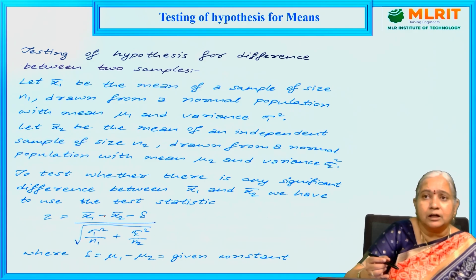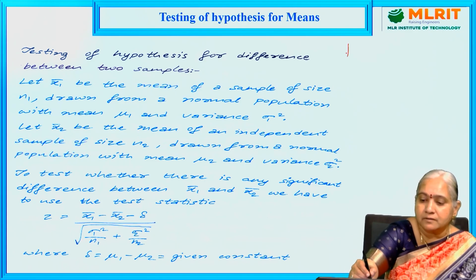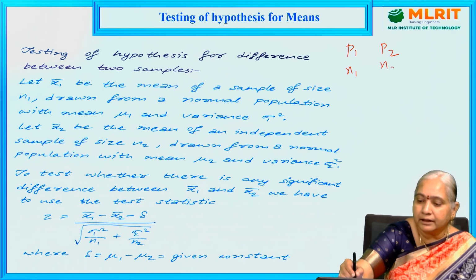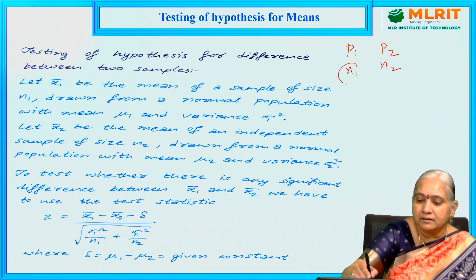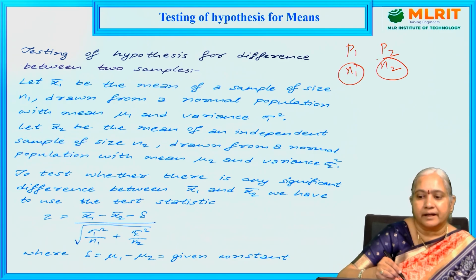Here, two samples data means two populations, P1 and P2, and two samples of sizes n1 and n2. n1 is the size of the first sample, n2 is the size of the second sample.